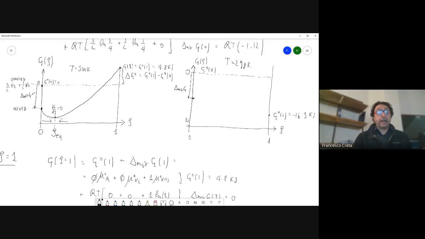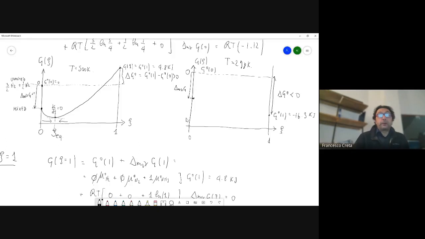Remember, it's times 1 mole, so it's not kilojoules per mole, clearly. So you see that now the new value of this difference here is the new value of delta G0, which is now negative. In this case, it was positive, okay?